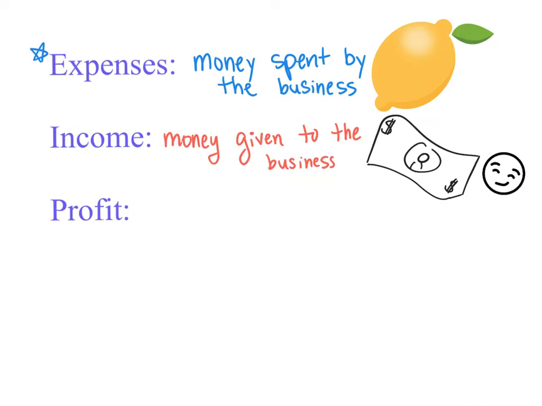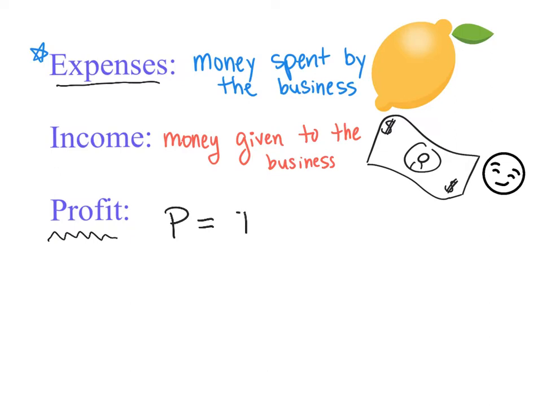Now, income is not the way that businesses measure whether they are successful or not, because you have to take into account money that you spent in order to make money. So that's where this word profit comes in. Profit is really thinking about the money that's left over after you take into account expenses. And really, what that comes down to is a pretty basic formula.